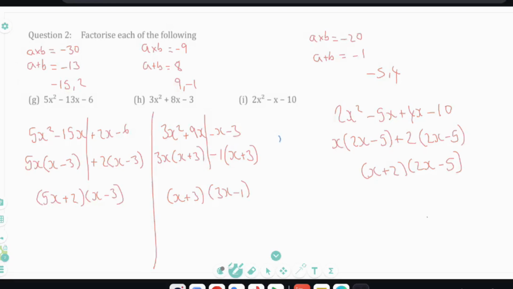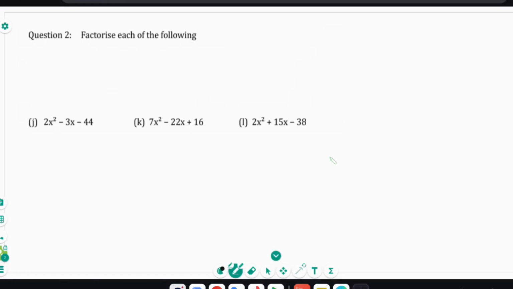Right, so last 3. 2 times negative 44. Okay, it might take me a while to come up with these. No, it's got to be 11 and 3. But which one? No, 11 and 8. Which one's negative?